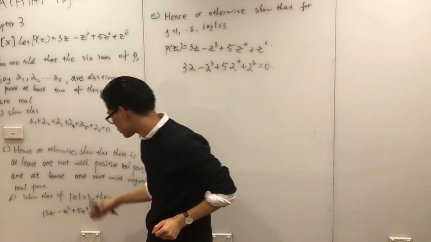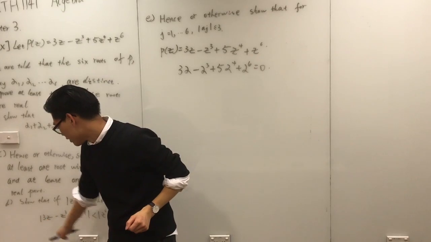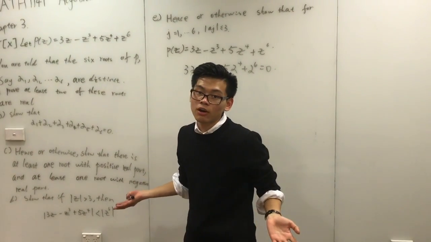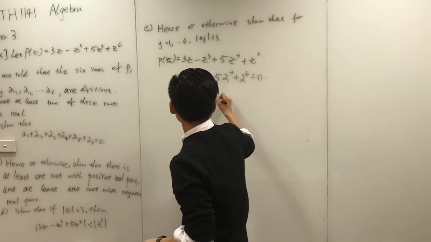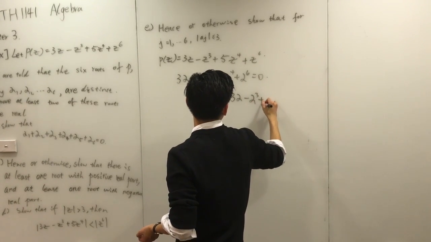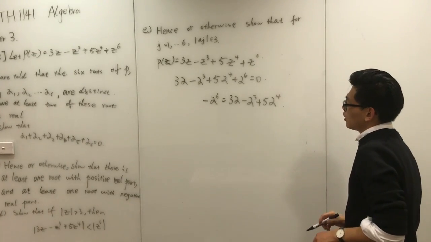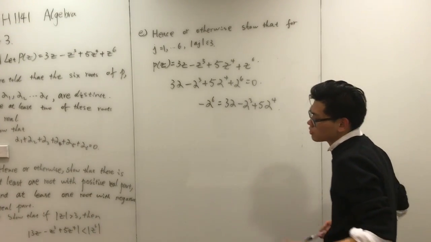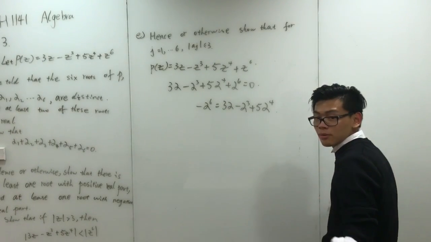Because from the previous question we know the inequality for z⁶, and if we want to use this inequality, we need to think about α⁶ in terms of the other part, right? So we have α⁶ equal to −(3α − α³ + 5α⁴). And a very obvious thing to think about is taking the modulus of both sides, because in the previous part they had modulus, so we should also be thinking about modulus.